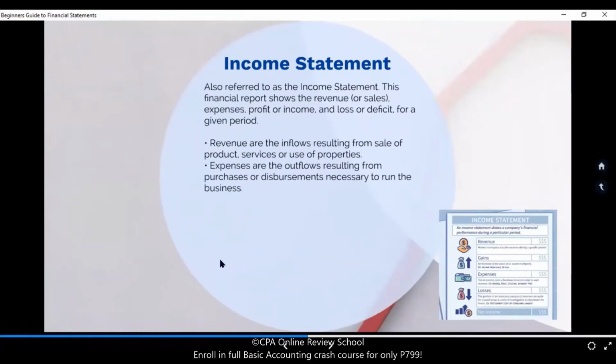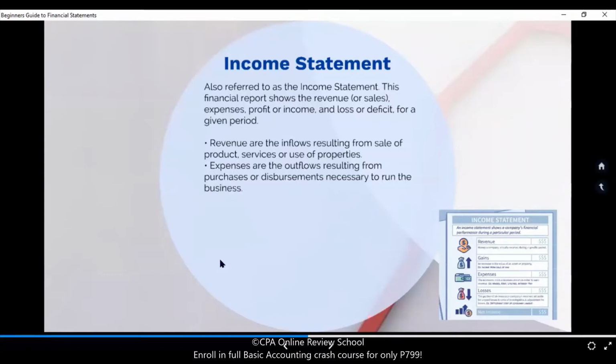Okay? Maybe it is liquid but not profitable. Why? Because that is another item communicated by our FS. Your profitability is actually offset by your liquidity. Okay? If you dig deeper into that, you're already in FINMAN actually.